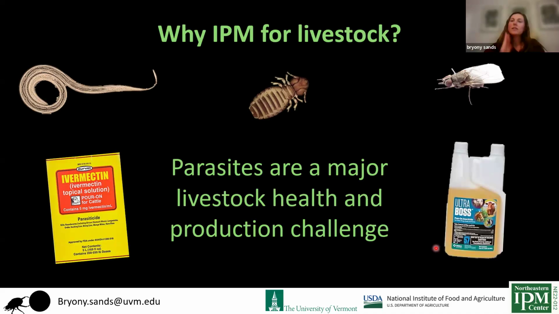Clinical disease from these parasites is usually avoided by using various veterinary treatments. Those chemicals are very good at controlling parasites as long as there's not resistance in the parasite population. But there are major issues that we are now finding with the common treatment strategies and the overuse of these chemicals.